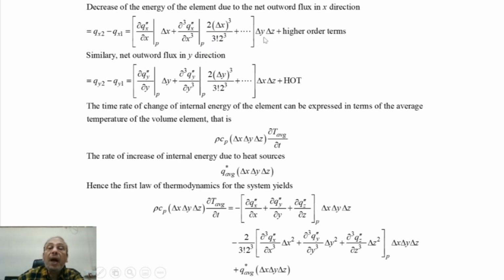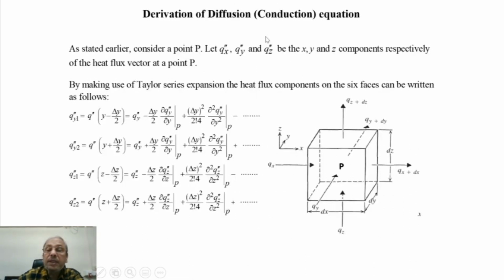So plus, and this is the heat flux into the area, so total energy delta y into delta z. So this surface is delta y into delta z.